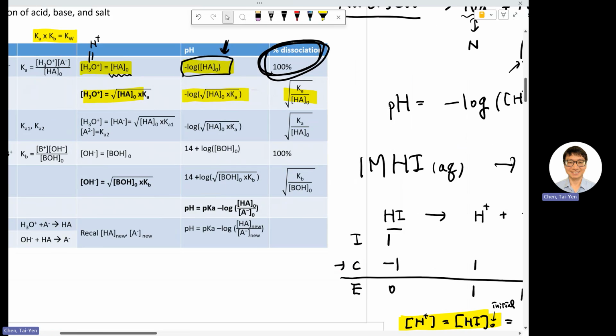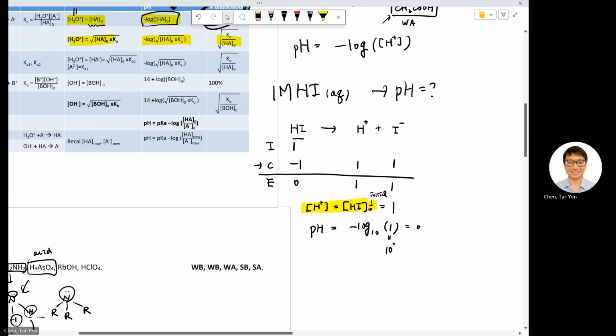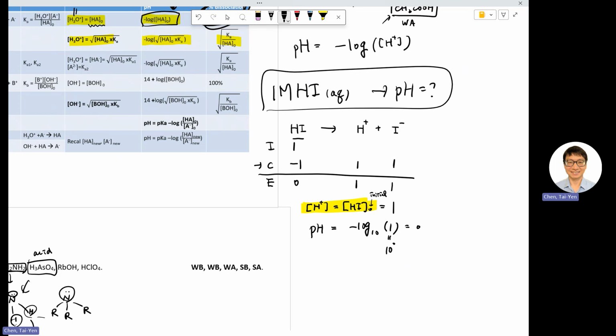Okay, and then when we see this question, what should we do? The first step is what? Identify what kind of solution you have, right? So you see the thing is what? Strong acid. HI is one of the strong acids, right? Then you know to calculate pH, all I need to do is take the negative log of whatever concentration is specified for that strong acid.